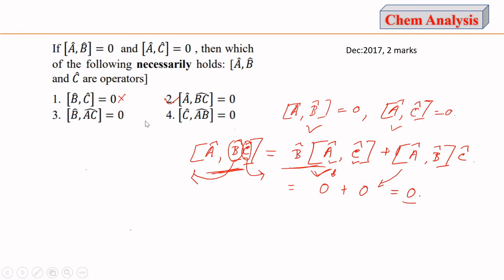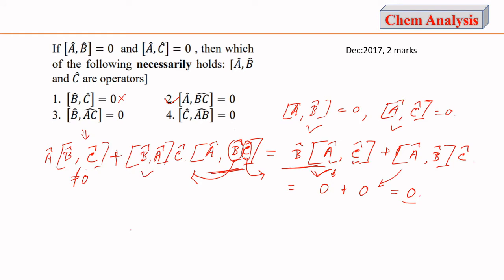And if you apply the same rule for the remaining two cases, you will see that these two will not be equal to 0. Let's see for this one, you can write it like this. Here we can see that this commutator is not equal to 0.